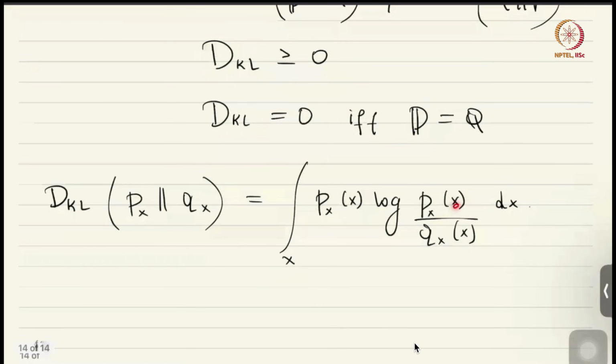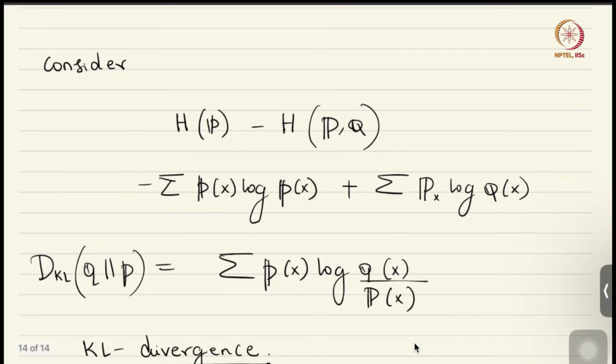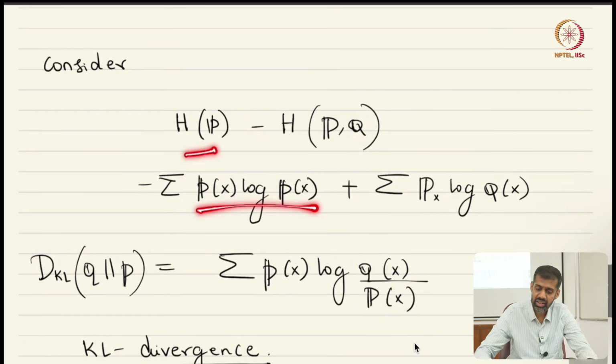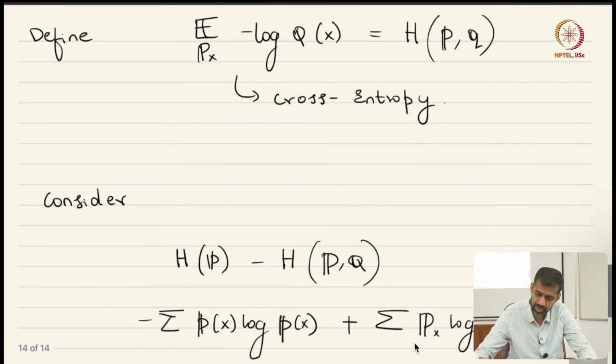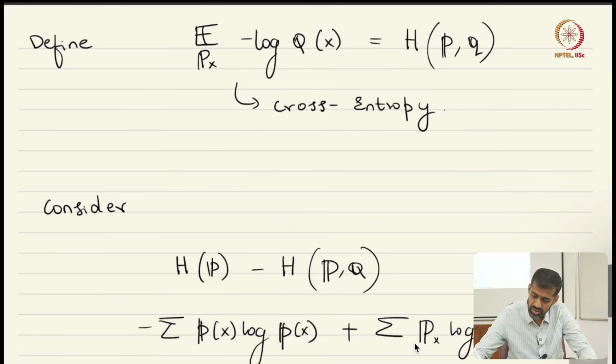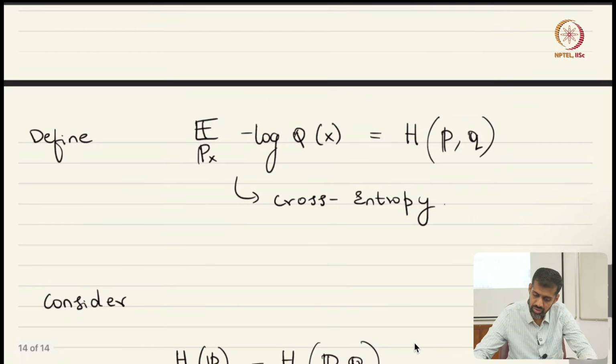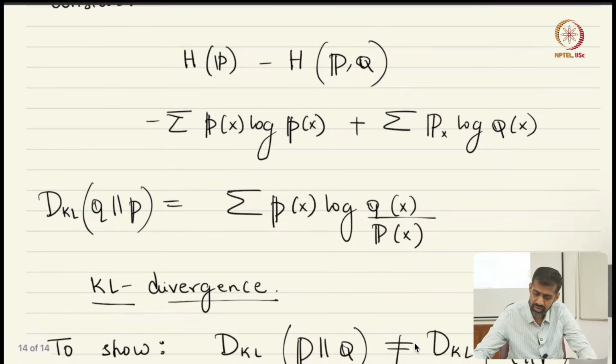Did I make a mistake? No, it's the same thing. See, this will stay the same. HP minus HQ comma P. Only the cross entropy term changes. The entropy term does not change. So, if it's HQ comma P, what will happen? Hold on, let me just confirm it once.